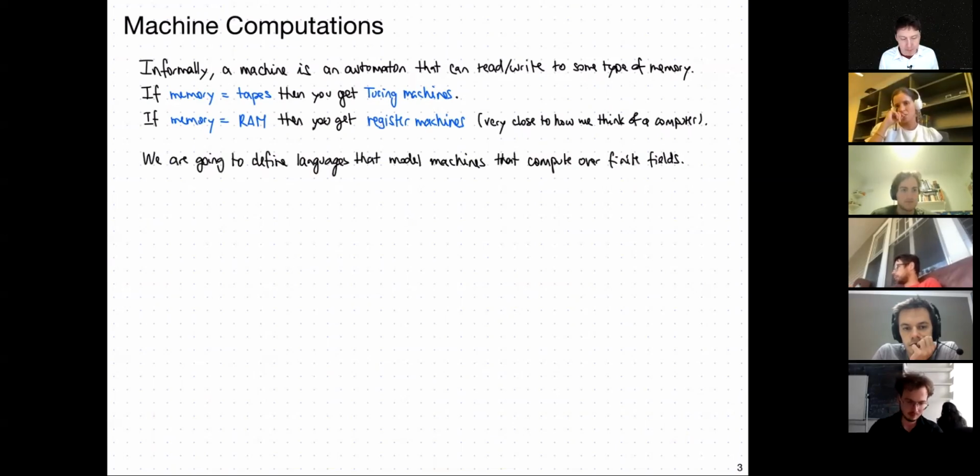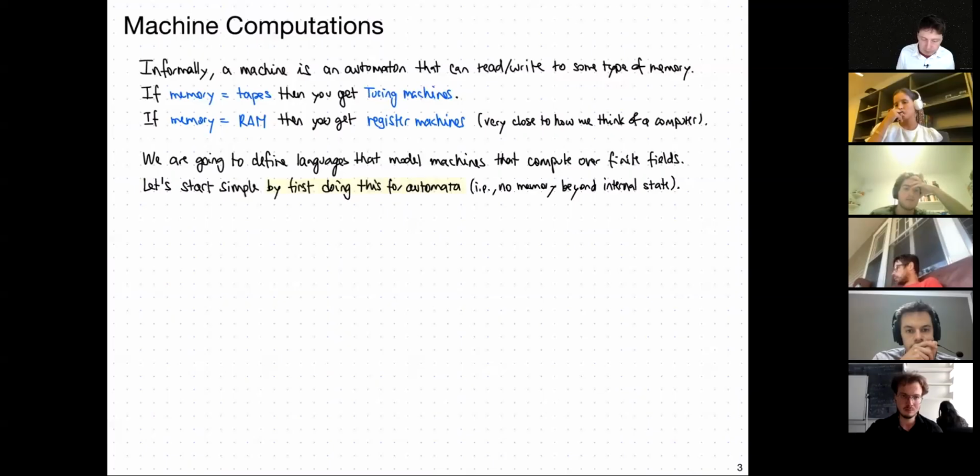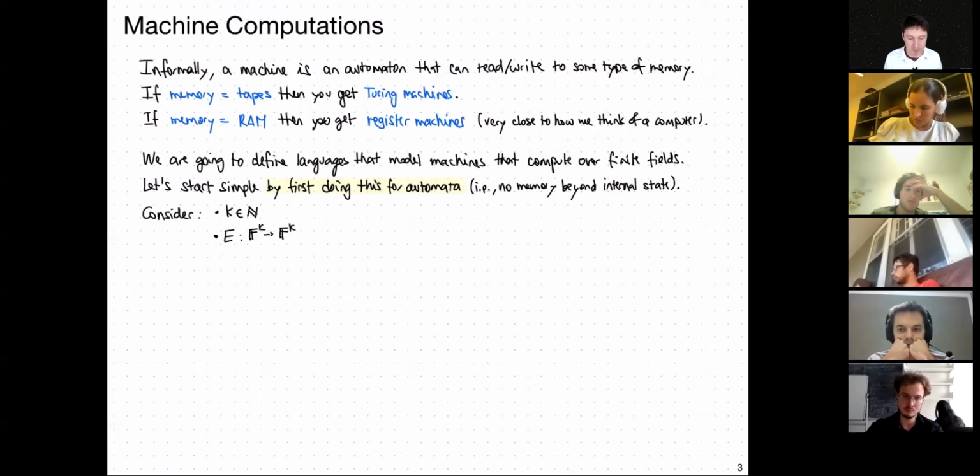And so we're going to define languages that model machines that compute over finite fields. So we're going to have to consider some sort of arithmetic-like machine computations. It will be easier to first put aside memory for a moment and just talk about some sort of arithmetic automata. It would be just easier to focus on that first. So there is no memory beyond the internal state.